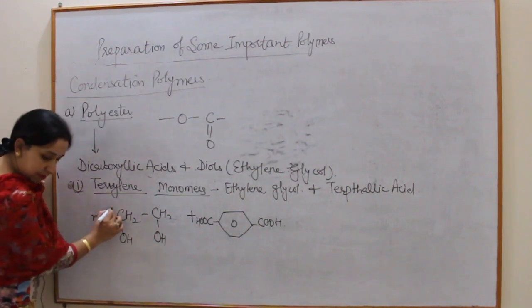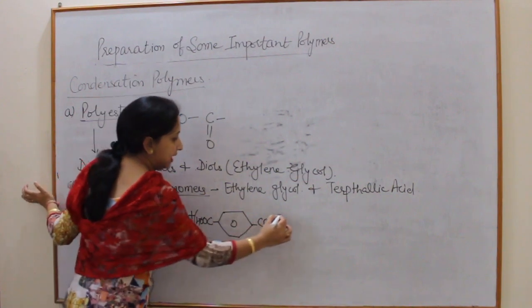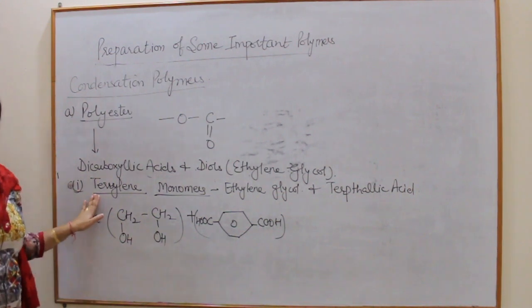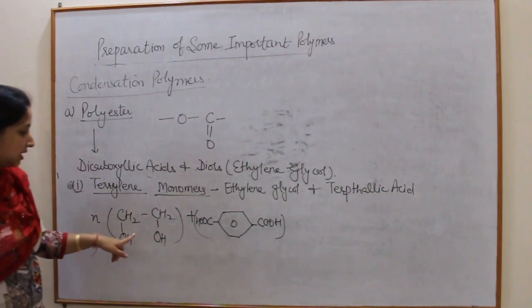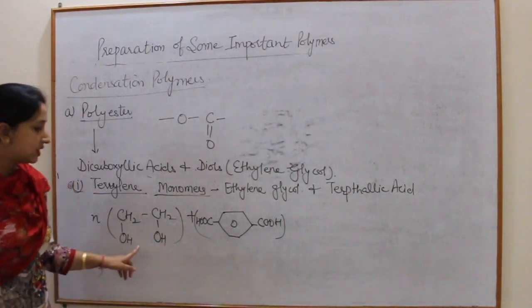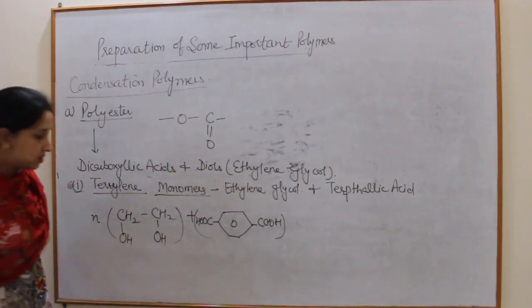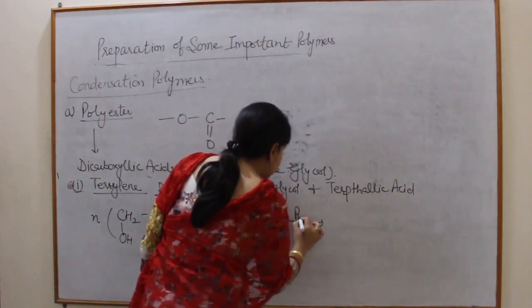When n number of molecules of ethylene glycol and terephthalic acid combine with each other, then we will get a fiber known as terylene. Basically it will include the condensation of these two monomers along with the loss of one water molecule. So what we will get upon polymerization?